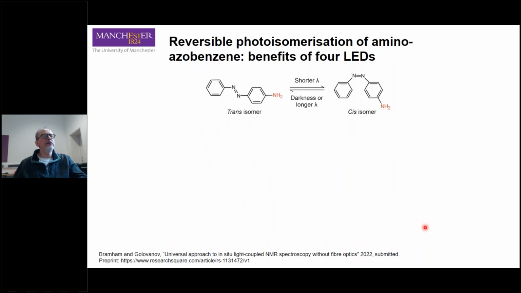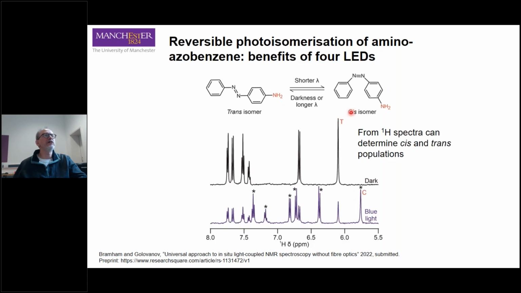Let's look at another example of a photo switch, amino-azobenzene. So the equilibrium between its trans and cis isomers is dependent on the illumination wavelength. And by observing characteristic trans and cis signals in the NMR spectra, we can easily determine the concentrations of these forms at any point in time.